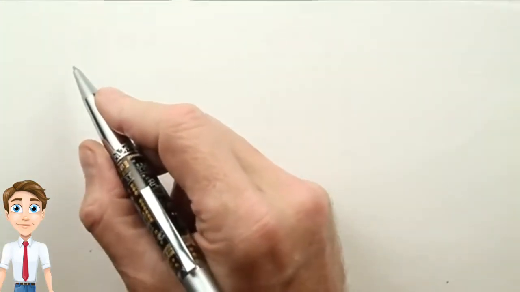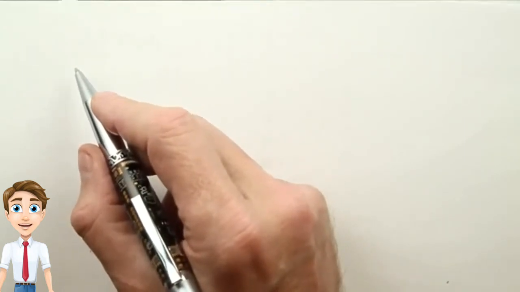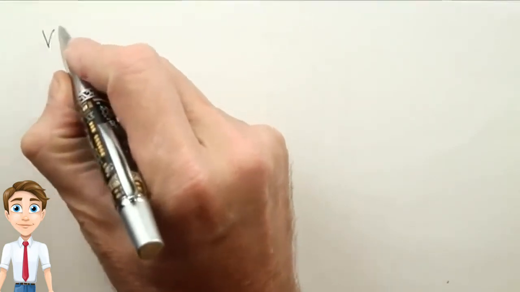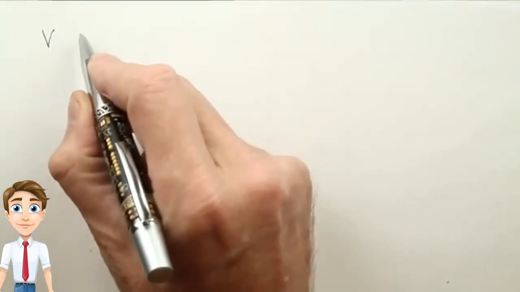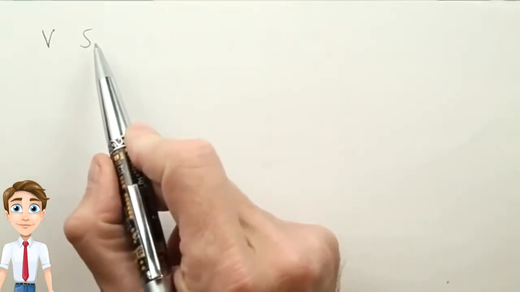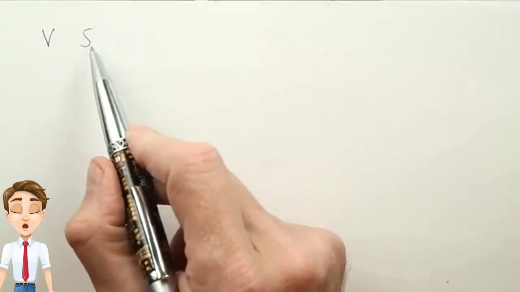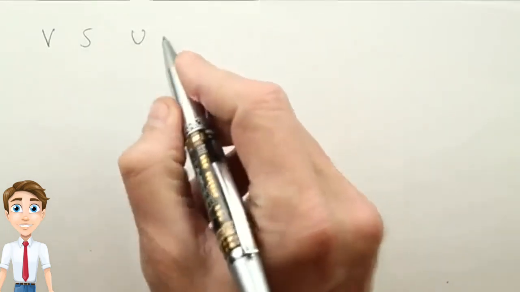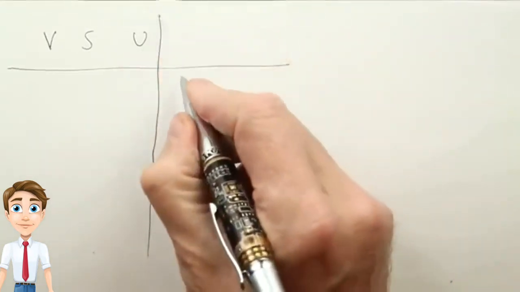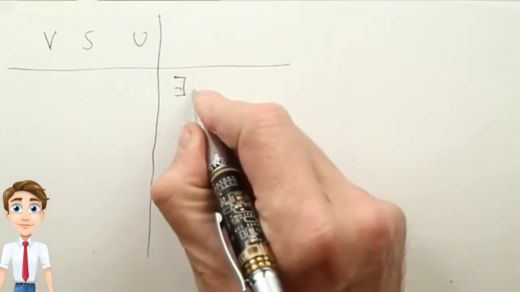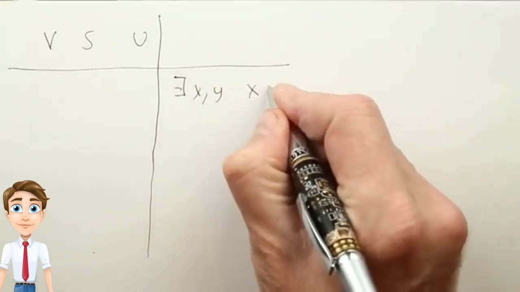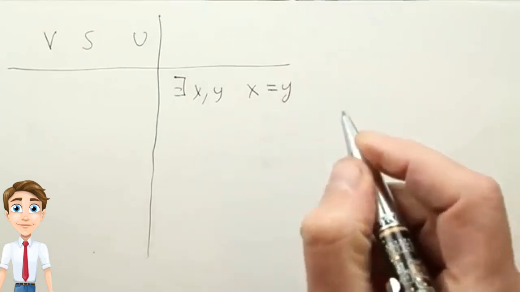Now let's get some practice in first order logic. I'm going to give you some sentences, and for each one, I want you to tell me if it is valid, that is, it is always true, satisfiable but not valid, that is, there are some models for which it is true, or unsatisfiable, meaning there are no models for which it is true. The first sentence is, there exists an x and a y such that x equals y.